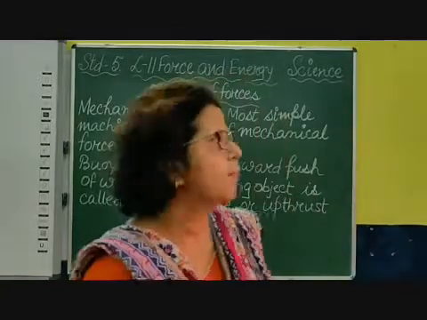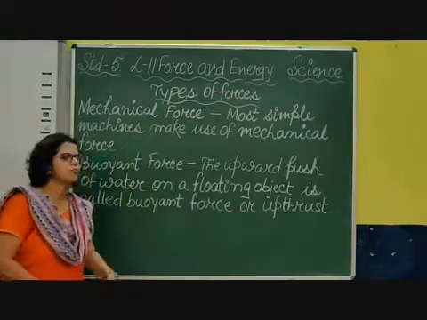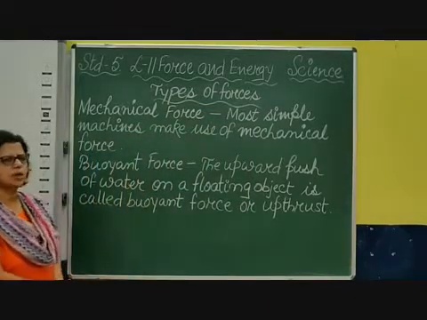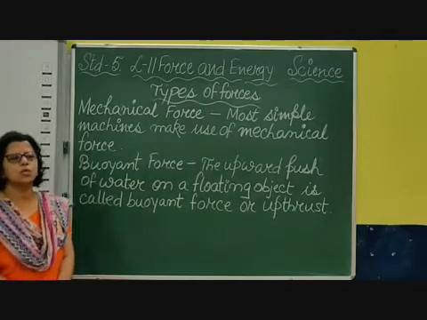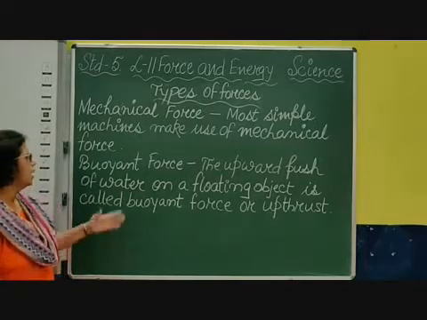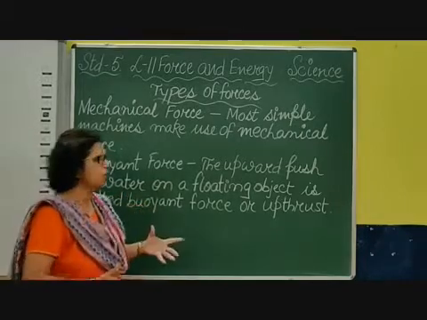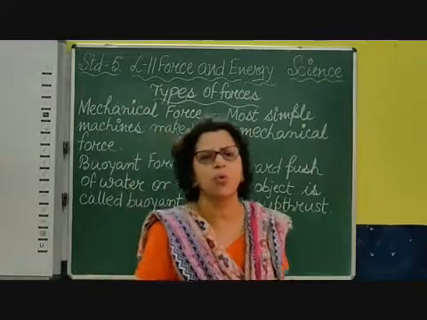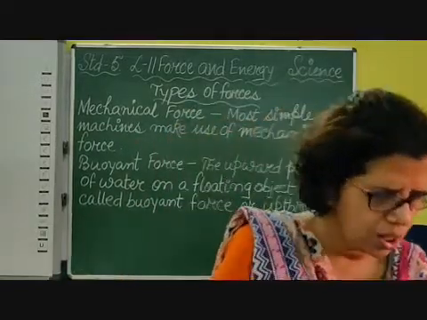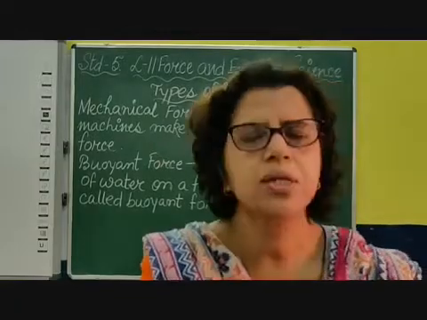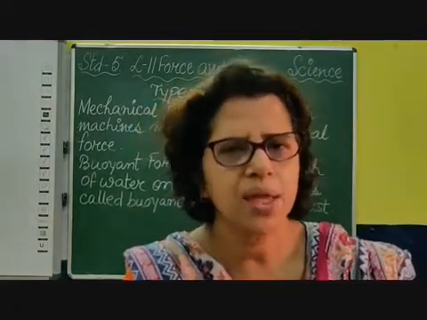That is called buoyant force. So here we studied about mechanical force. Most of the simple machines use this mechanical force, as I showed you with the scissors and the stapler. And buoyant force is the upward push of water on a floating object. This acts on the object when you enter a swimming pool.